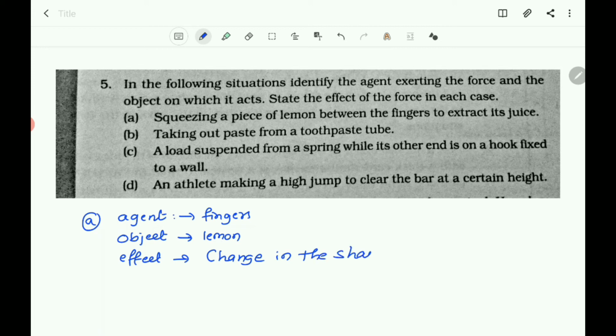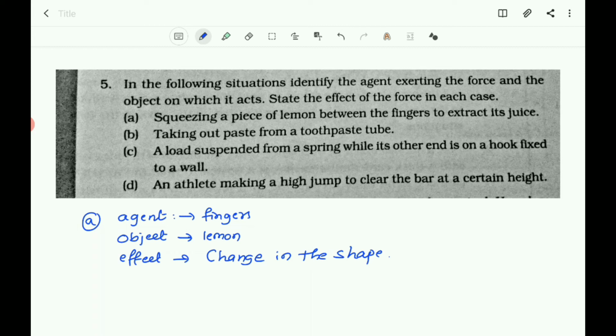You know the shape of the lemon changes when it is squeezed between the fingers. That is, the effect is the change in shape which causes the extraction of the juice. So the fingers act as the force acting agent, and the force is exerted on the lemon. The effect of the force is change in the shape of the lemon here.